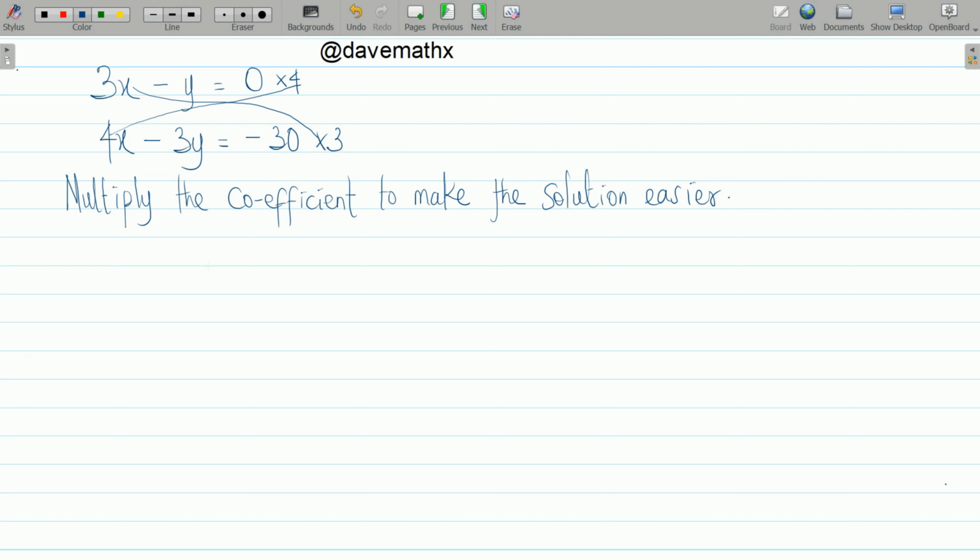Remember to make it vice versa. Then we have 12x minus 4y equals 0 for equation 1. And for equation 2 we have 12x minus 9y equals minus 90.